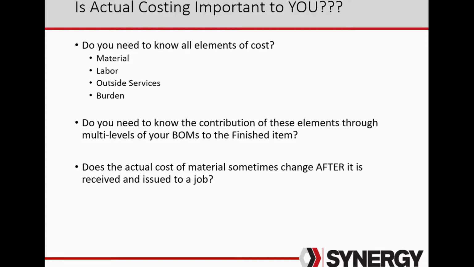And do you ever have the situation we just watched where the actual cost of a material sometimes changes even after it's come in and been received and issued to a job? I didn't have to back any transactions out. The system was able to help to show that flow all the way through. With Visual, we have true actual costing.